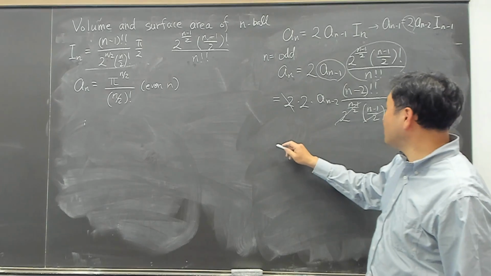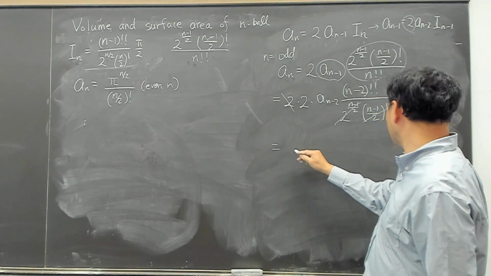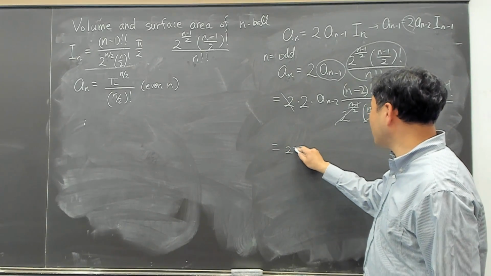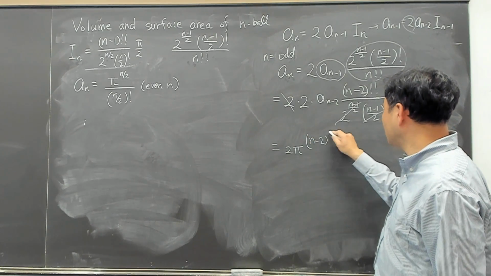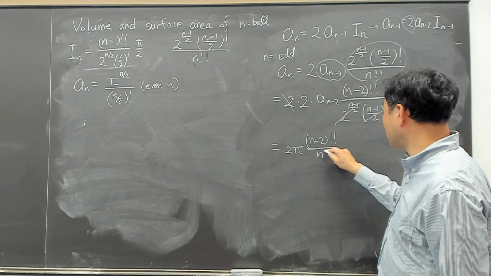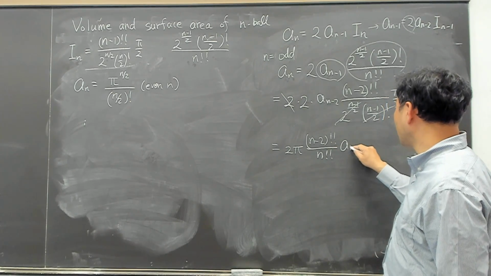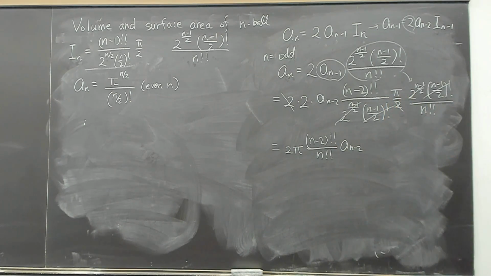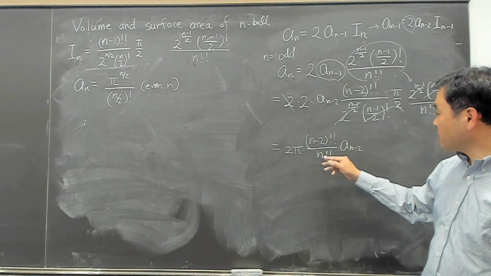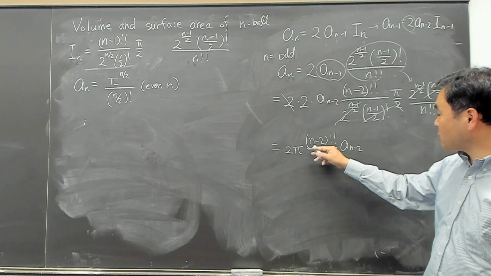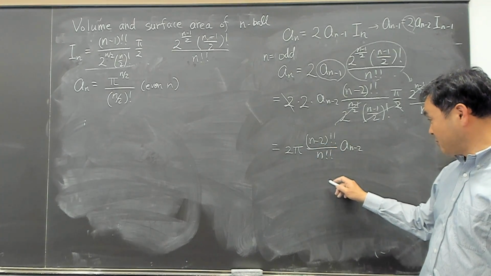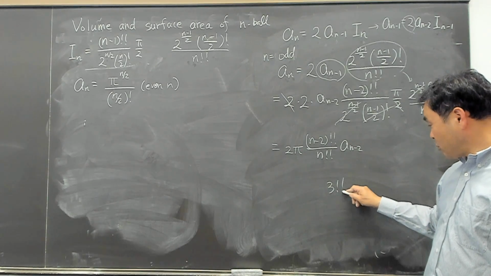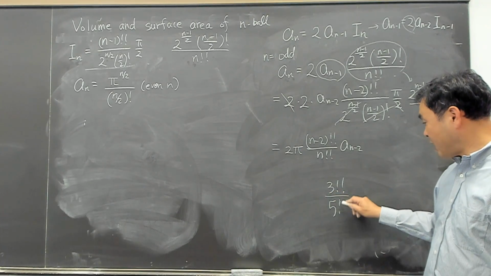so you have something like 2 pi times n minus 2 double factorial over n double factorial a sub n minus 2. Now, we can simplify this as well. Just think of an example. We're looking for n odd, so let's say n is 5. What does that mean? That means it's like 3 double factorial over 5 double factorial.